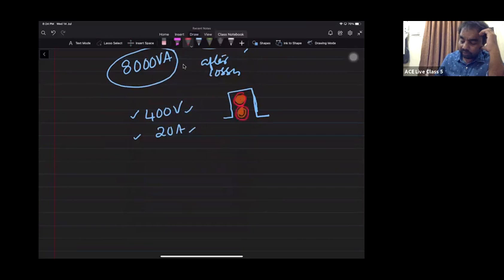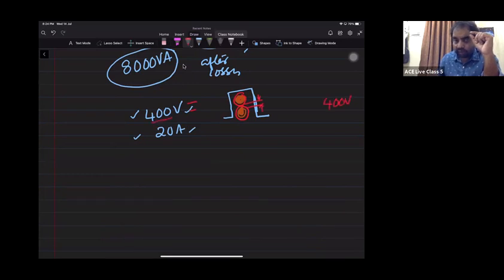Whatever insulation coating thickness I have should have the capacity to withstand a voltage of 400 volts. Based on that, I coat the insulation. Then this 400 volts, I mention on the nameplate.